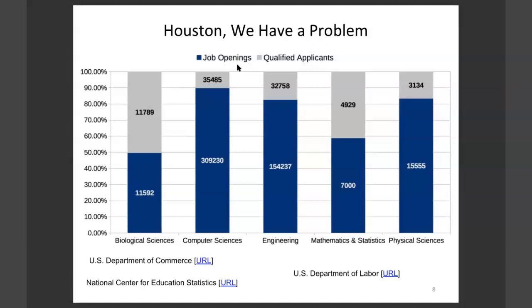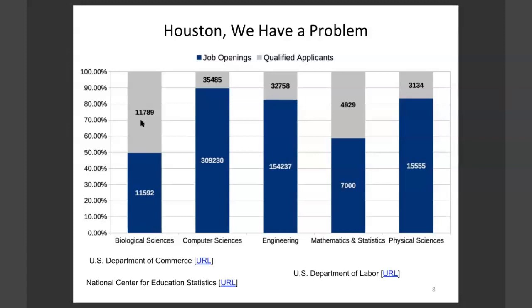One way of reading these stacked bar plots is this: with the first plot, for biological sciences, the bar splits nearly half and half. What you're arguing there is, do you have as many job openings as qualified applicants, and therefore that half and half split? That corresponds to a market that is at capacity.